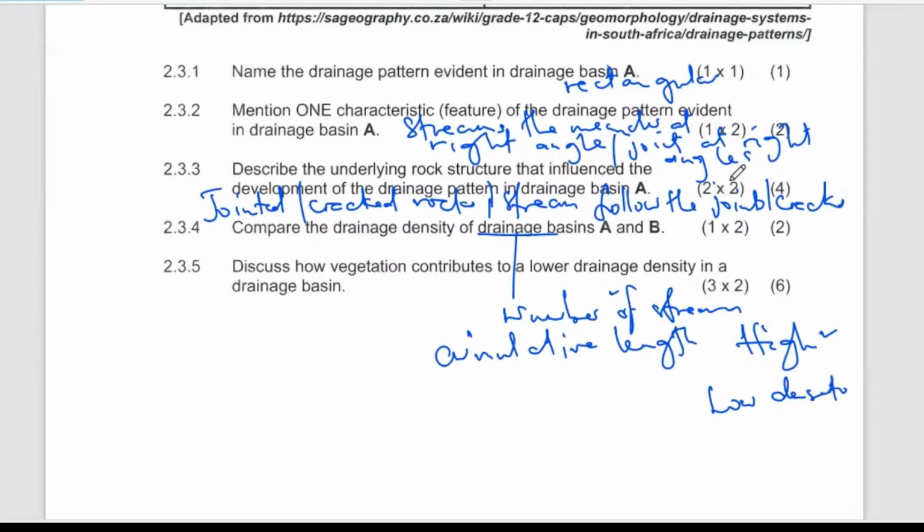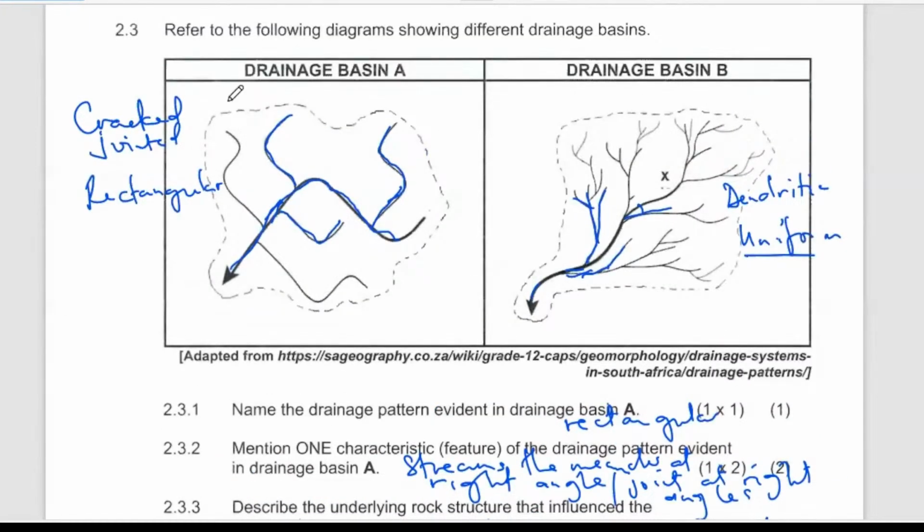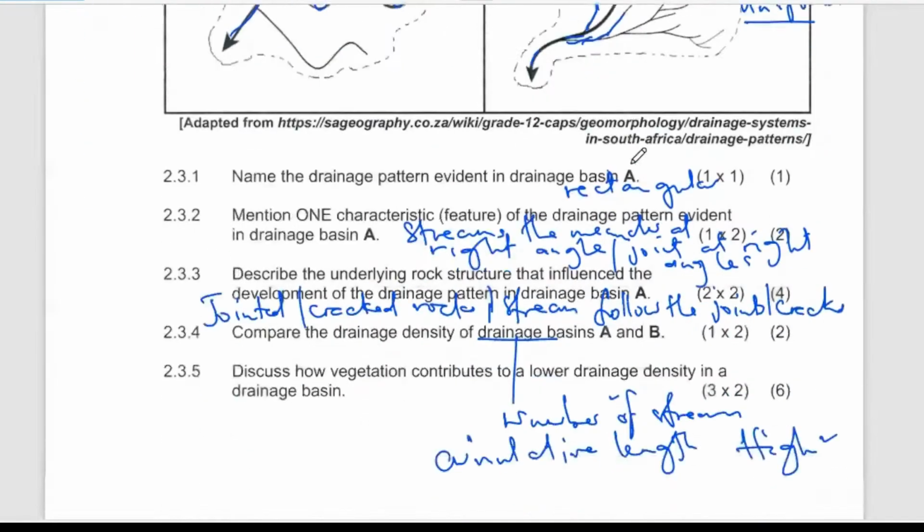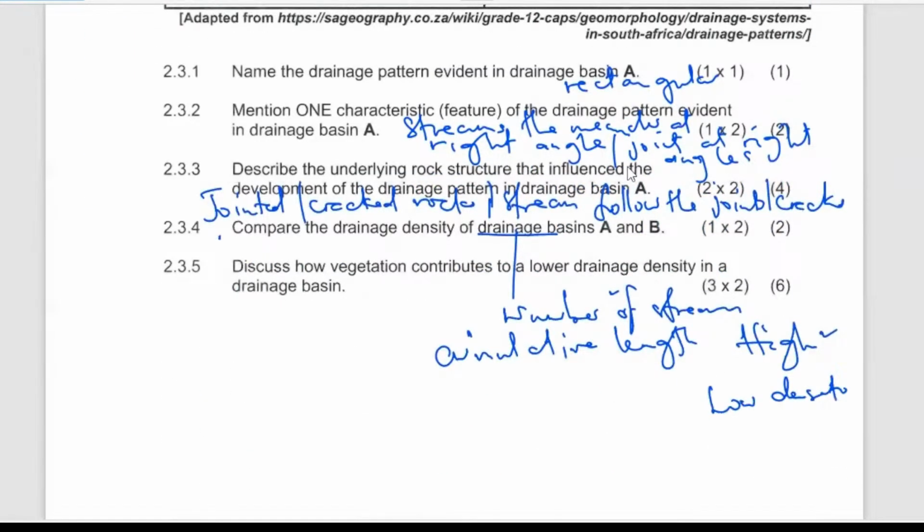So going back to our two drainage basins, if we try to check here and here, we tend to find that we have many streams here. Or if we were to add up the streams to get one length, we're going to get a longer length in drainage basin B. So if you are comparing, we are saying A has lesser density than B, or B has got higher density compared to A. That is basically the comparison.